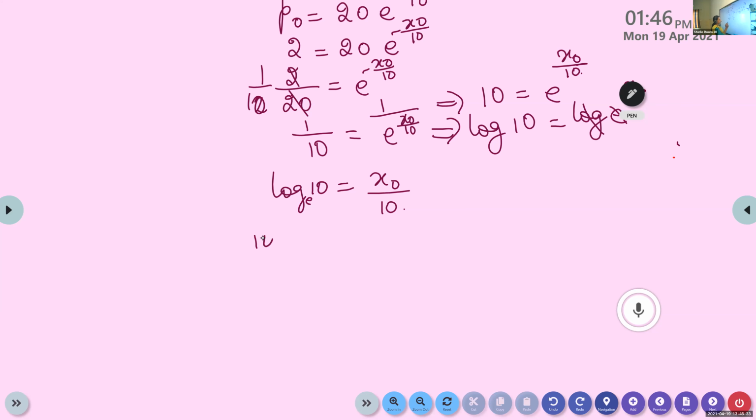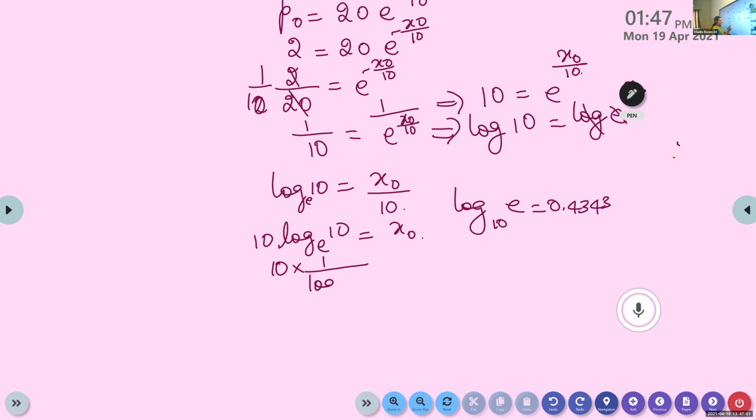Therefore, 10 log 10 to the base e is x naught. But which one's value is given there? Read the question. Log e to the base 10 is 0.4343, isn't it? Here we have log 10 to the base e. So we can write this as 10 into 1 by log e to the base 10 is x naught.